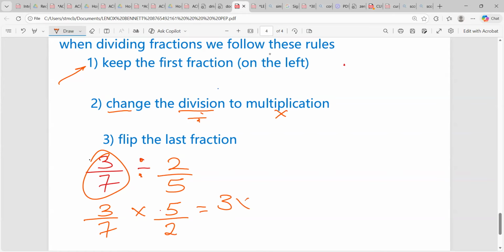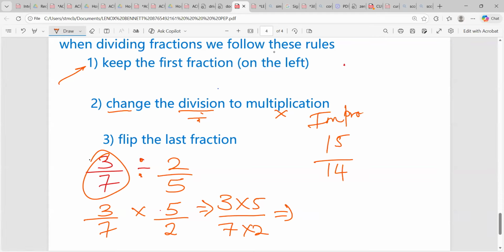So we have multiplication, 3 times 5 and 7 times 2, which would give us now 3 times 5 is 15, 7 times 2 is 14. So guess what? It's an improper fraction. So guess what we're gonna do? We're gonna say how many groups of 14 we can get out of 15 things.